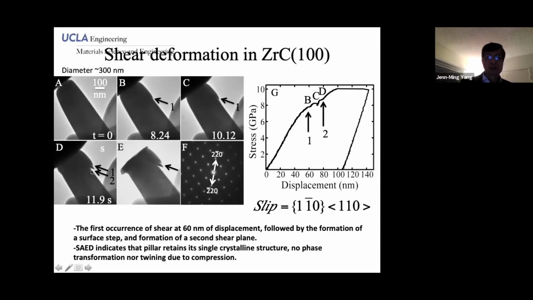So this is clearly evidence of plastic deformation at room temperature.